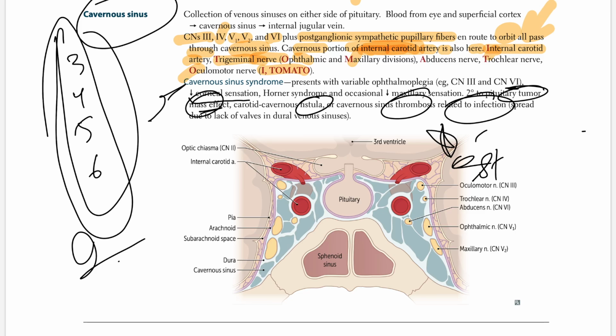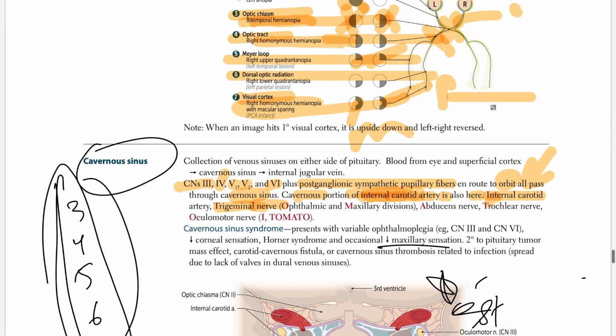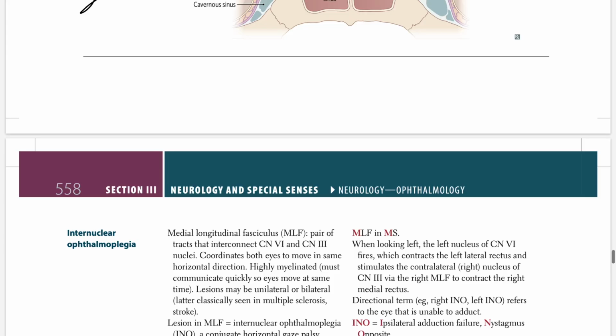You will have variable ophthalmoplegia because CN3 and CN6 are involved, decreased corneal sensation, Horner syndrome, and decreased maxillary sensation. And that's pretty much it for the cavernous sinus and cavernous sinus syndrome.